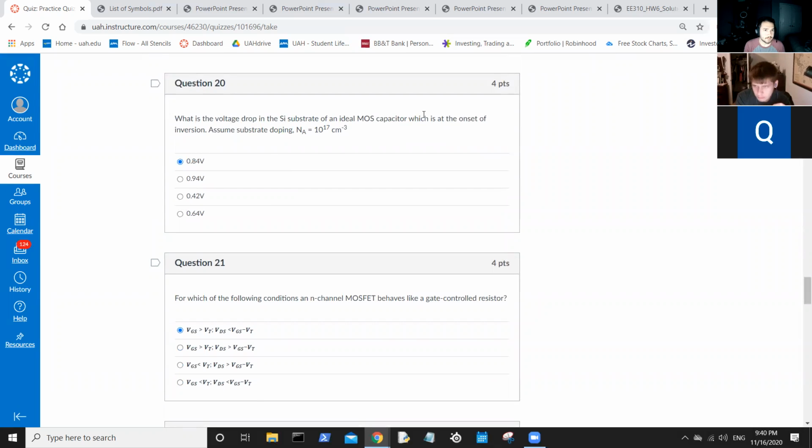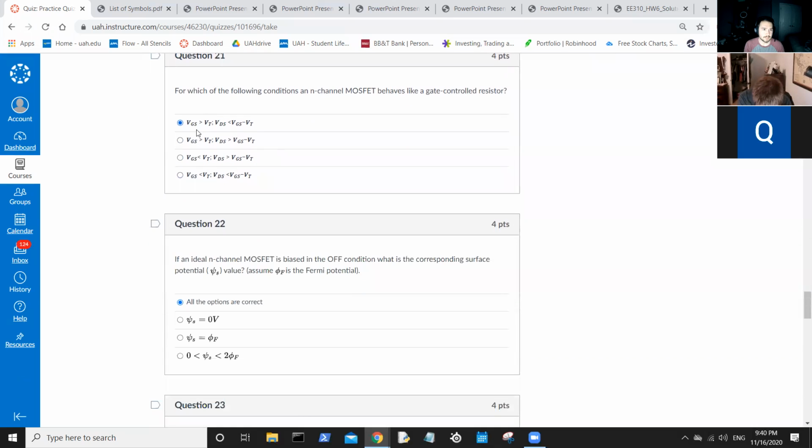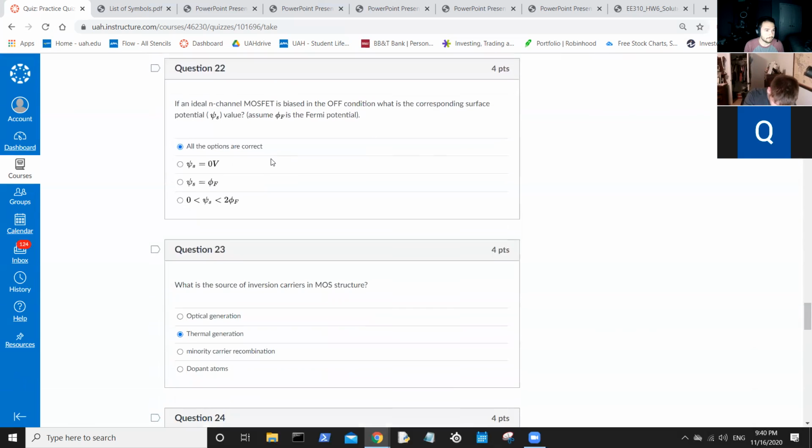Voltage drop at the onset of inversion is another one. Actually, this question is exactly the same as the homework question, and I get the exact same answer, 0.84 volts. And then this is another thing. I'm not sure if this one is exactly correct, but I'm pretty sure it's the only thing that flips from a current controlled system: the drain source is now less than as opposed to greater than.